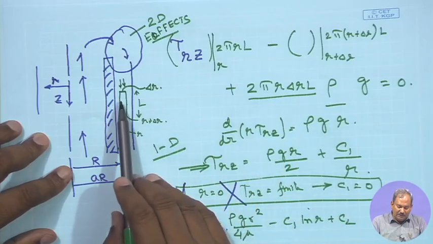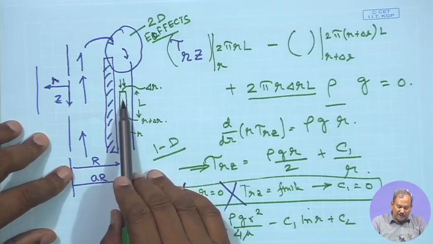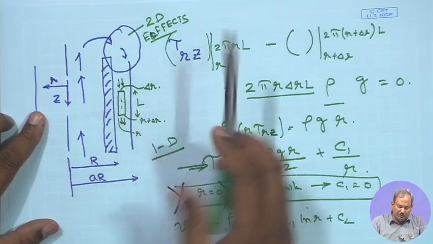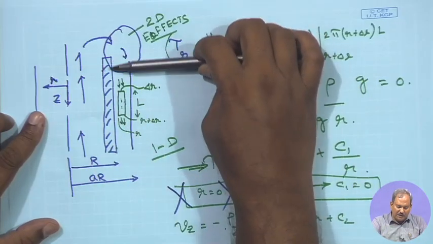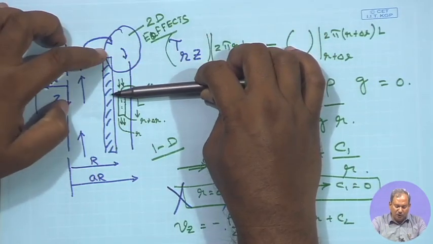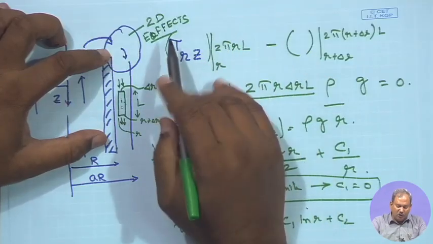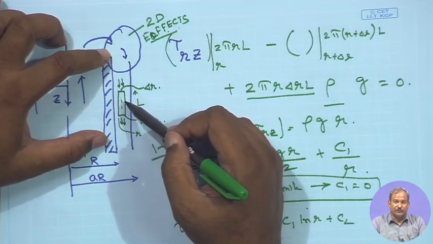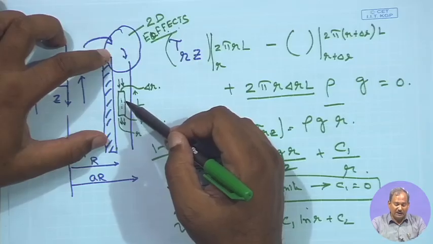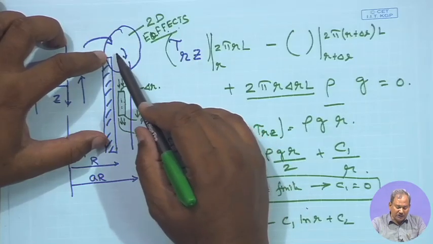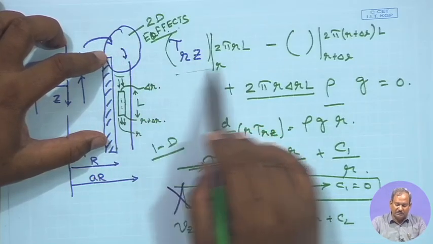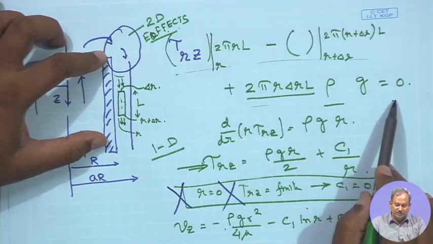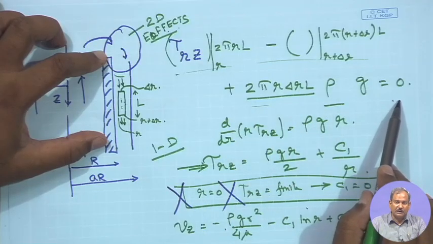So, the applicability of this shell balance for this specific problem is way below the top of the plate where all these 2D effects have subsided. You cannot account for 2D effects by simply expressing it in terms of a shell momentum balance.